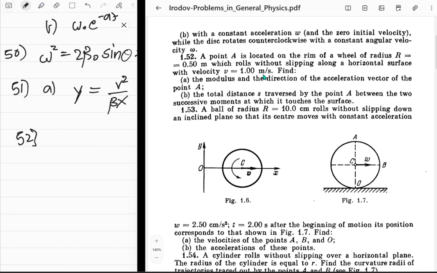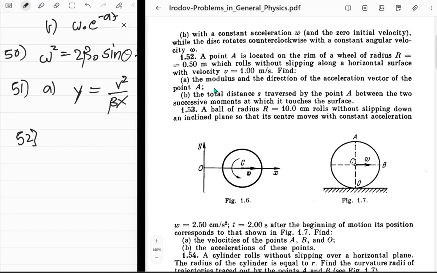The modulus and the direction of the acceleration of the point A. So the good thing is that because the center of mass is moving with a constant velocity, your acceleration with respect to center of mass is the same thing as acceleration with respect to the ground, because there's no pseudo forces.